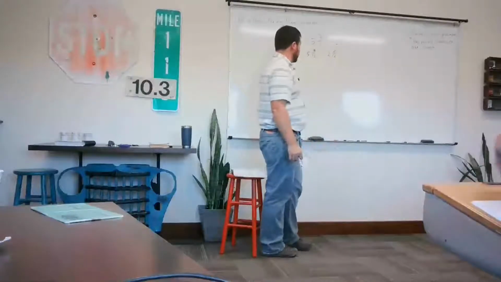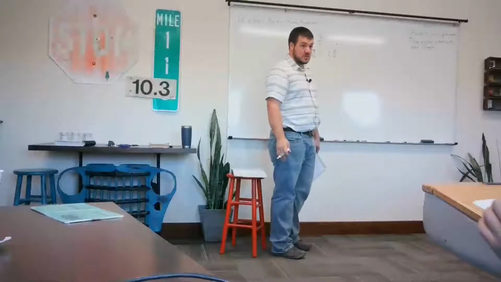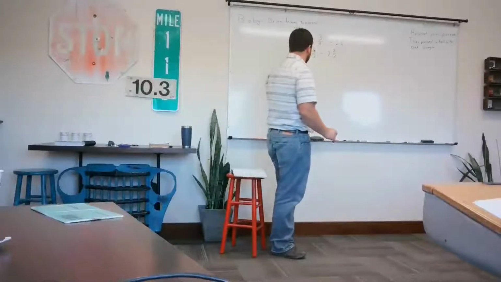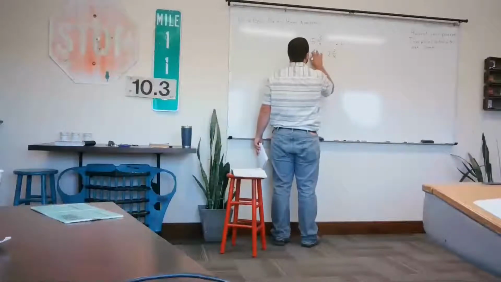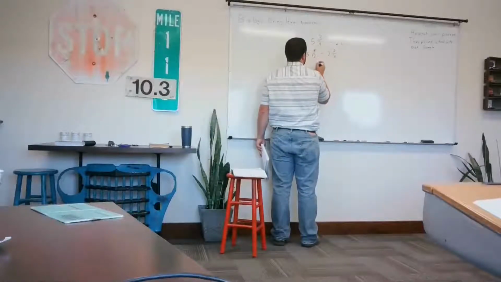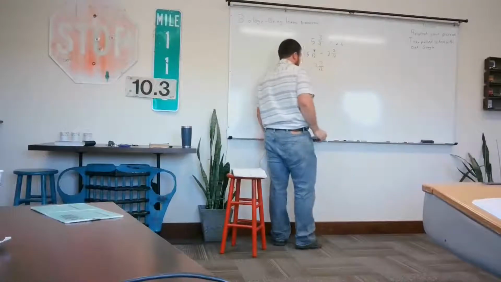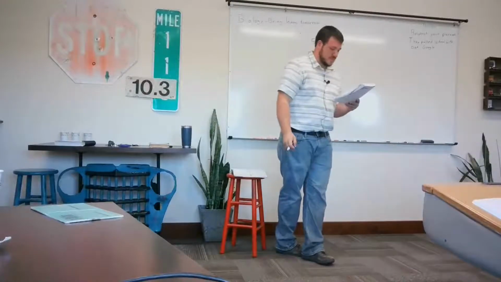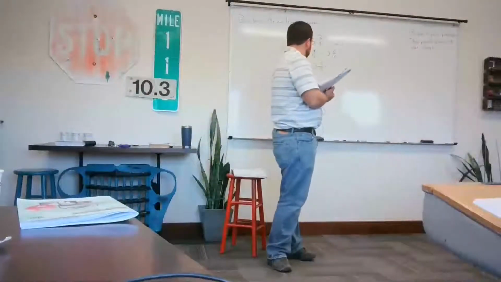So now we just subtract. Do we have to borrow? No, that's what I did and I got it wrong. So that's 3 and 7 over 12. Right.